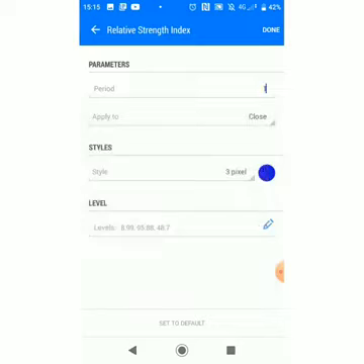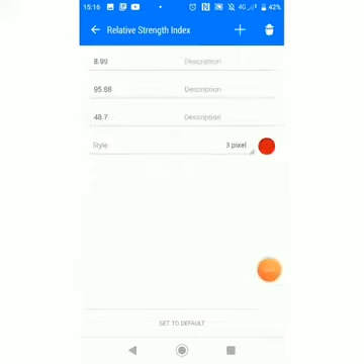Your style, you make it 3 pixel or 4, and put a color you want. Under our levels, these are the levels: 8.99, 95.88 and 48.7.